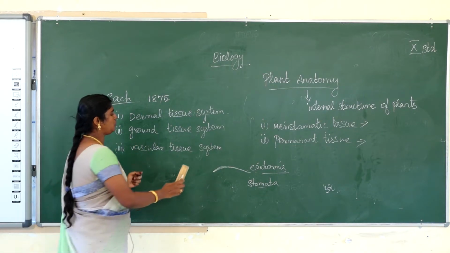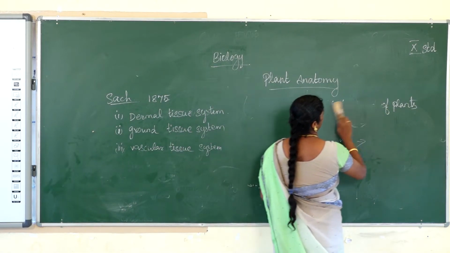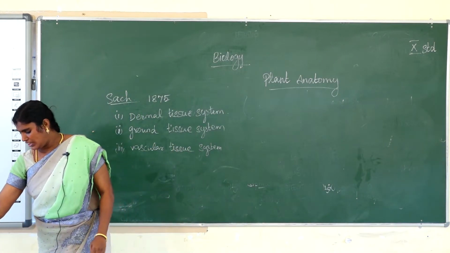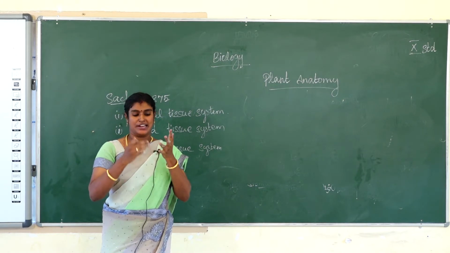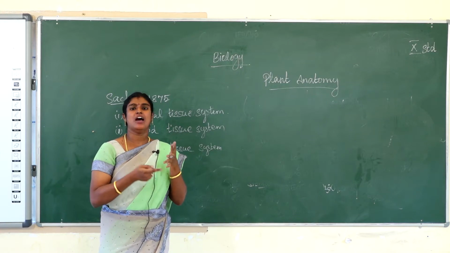Next, ground tissue system. It consists of all the tissues except epidermal and vascular tissue, that is parenchyma, collenchyma and sclerenchyma.